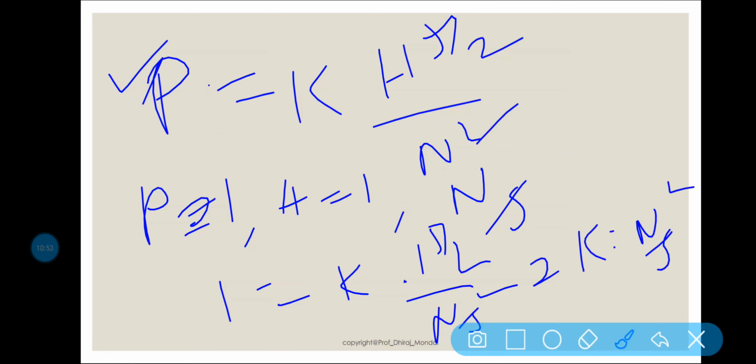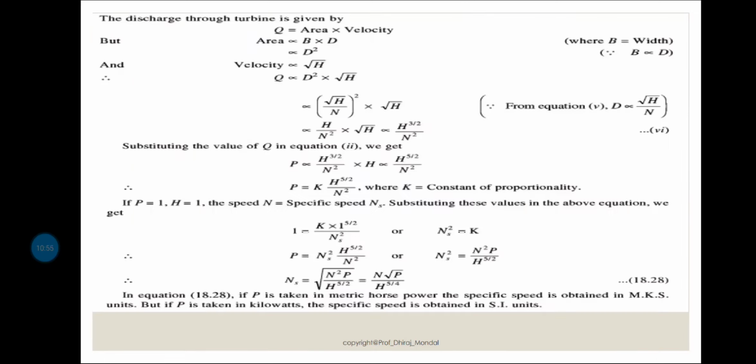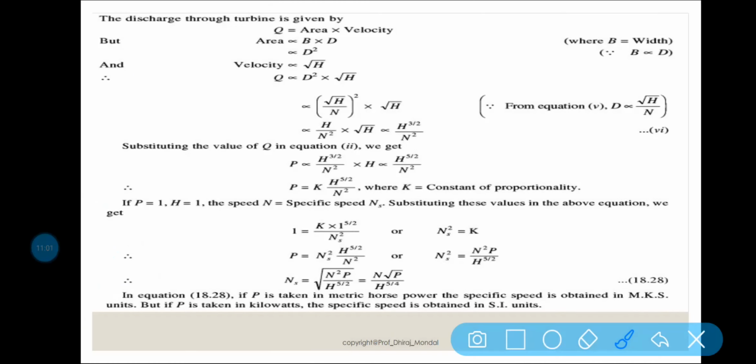So put the value in the equation. This is your K is equal to Ns square. I think it is clear. Now put the value of K, Ns square, in the equation. So P is equal to Ns square into H to the power 5 by 2 by N square.